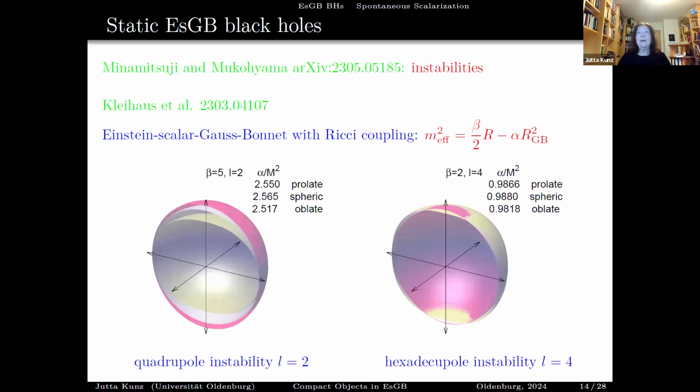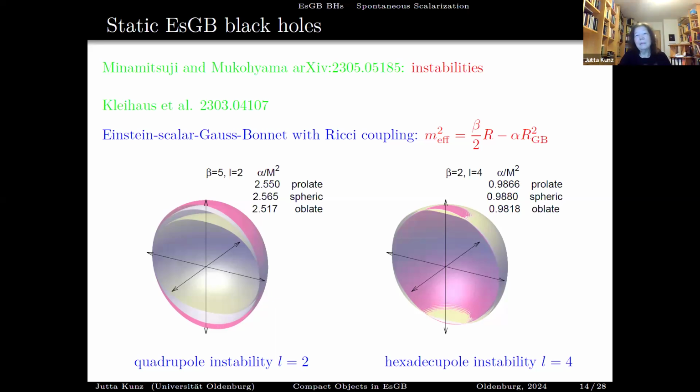However, when one looks at these, one finds they are unstable with respect to quadrupole deformations or higher deformations like hexadecapole deformations. So one has these deformed black holes arising in this type of theory.